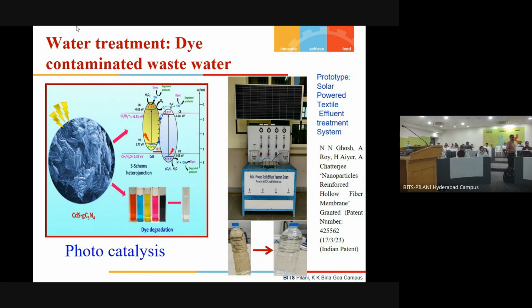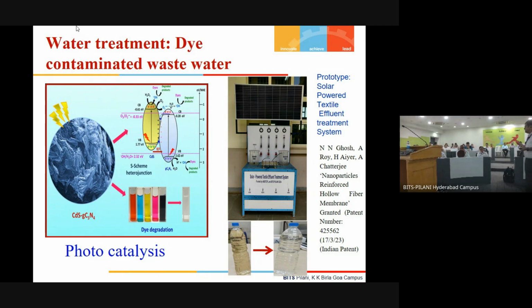Now we have also tried to explain the photocatalytic property of the catalyst we have synthesized, what kind of mechanism it follows. Because when we are designing a photocatalyst, a couple of things you need to keep in mind. First of all, you know that titanium dioxide, TiO2, with band gap 3.2 eV, is not very good for visible light.